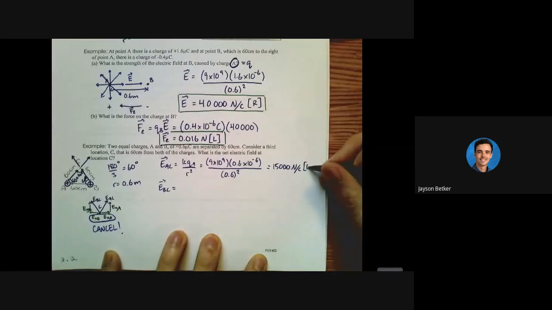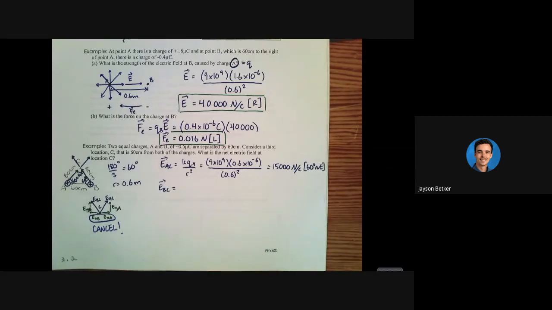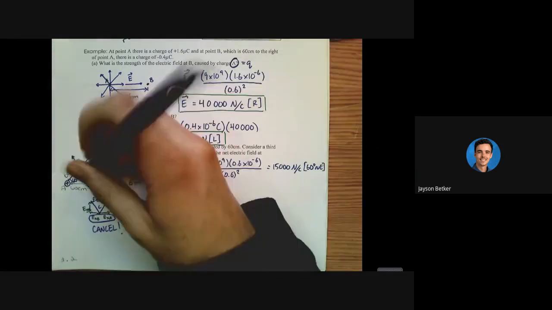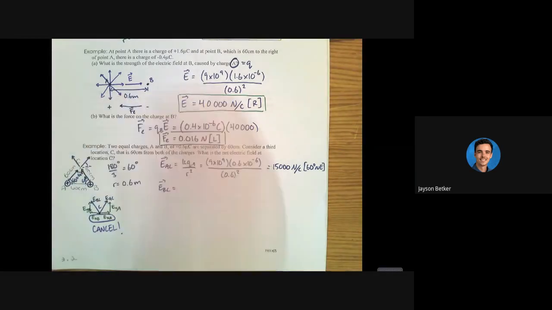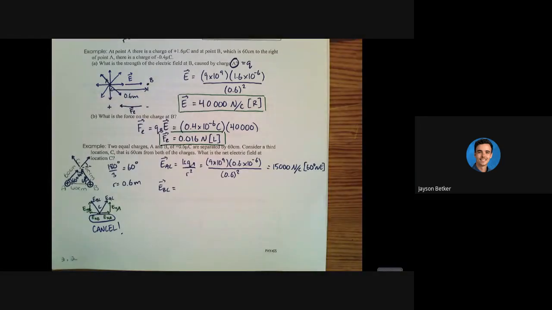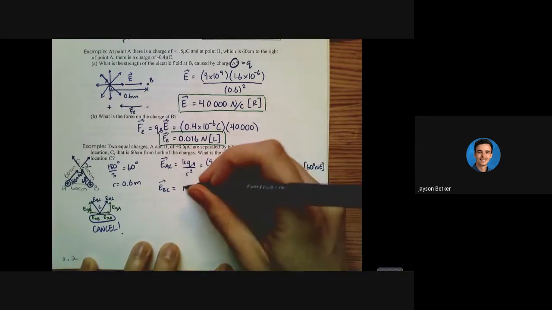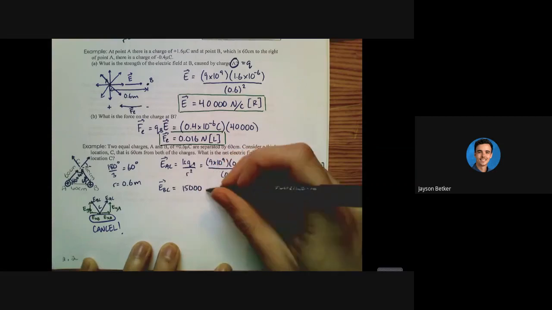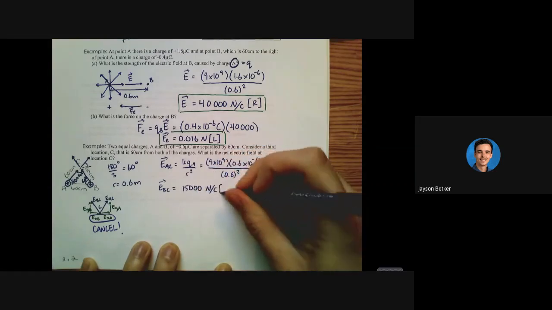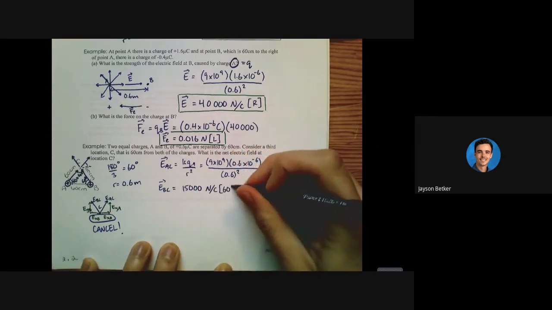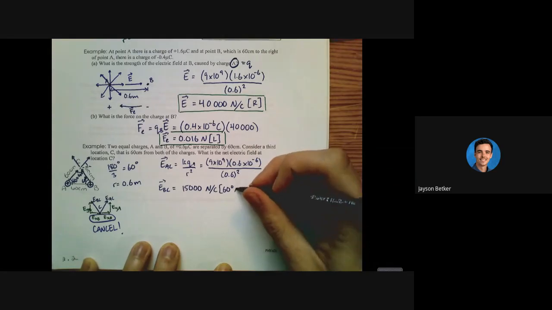It's going to be 60 degrees north of east for the one that A is creating right there, right? So that means that EBC is actually just going to be 15,000 newtons per coulomb, 60 degrees north of west.